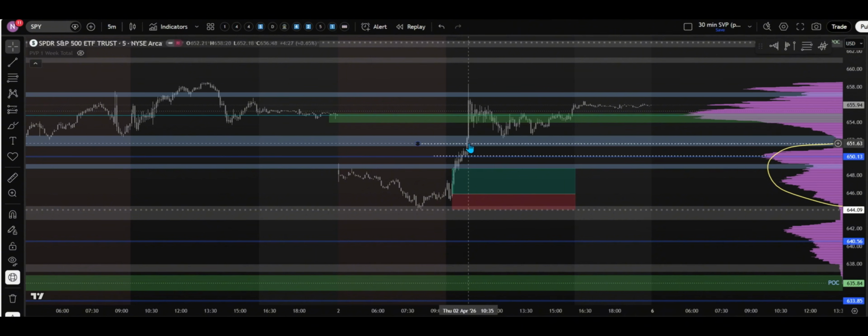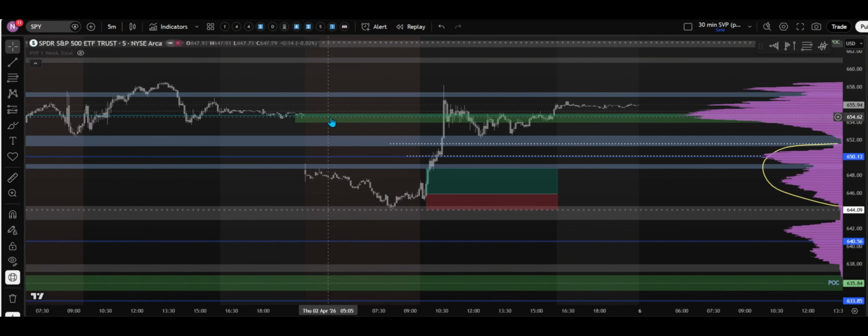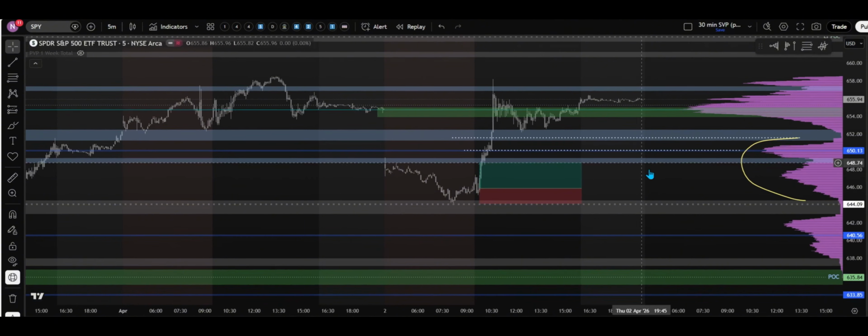If I want to leave a runner, I actually didn't in this case, and kind of regret not doing it, but prices actually ripped right up through that low volume node and reclaimed this area over here, this volume zone from the previous day. So the last target that I would have probably is the point of control of this volume node.